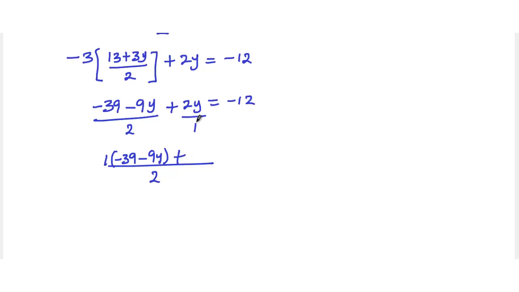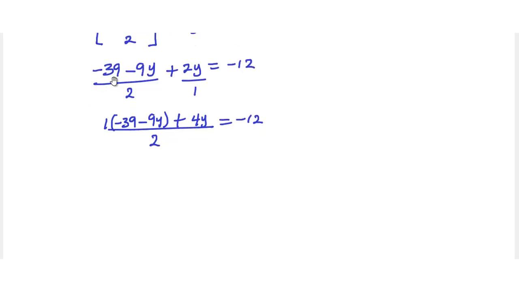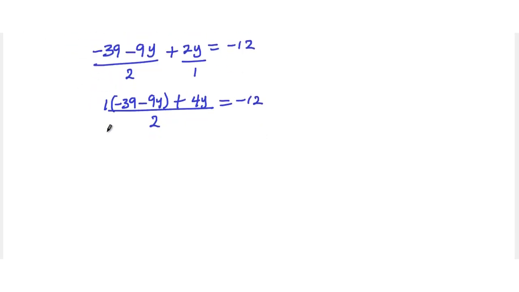Then plus 1 into 2 times 2y, that is 4y, is equal to minus 12. So 1 times everything here will still give us minus 39 minus 9y plus 4y over 2 is equal to minus 12.